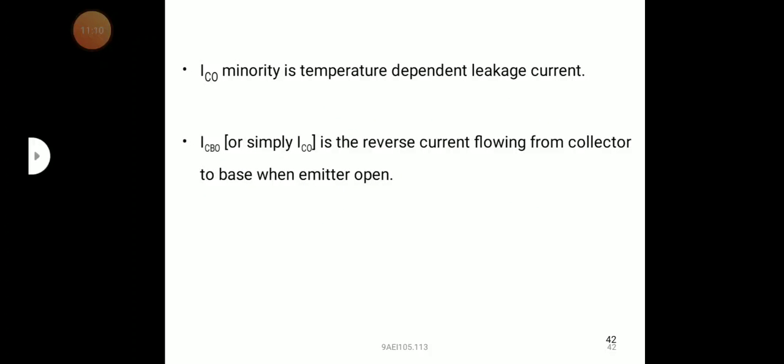ICO minority is a temperature dependent leakage current. ICBO or simply ICO is the reverse current flowing from collector to base when the emitter is open.